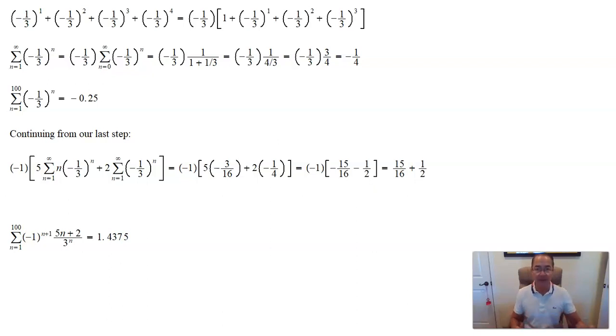Everything is positive now. Common denominator of 16. We don't need 32, we just need 16. 8 over 16 is 1 half. 8 plus 15 is 23. Ooh, 23 over 16. Are we going to get 1.4375? And boom, thank you very much. I don't have to make any corrections. All right, so that is the exact sum of our infinite series.